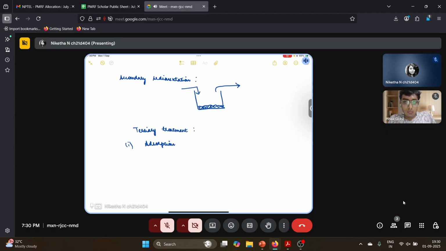This is done mainly for removing micropollutants, pollutants whose concentration is in micrograms per liter. Those are known as micropollutants or emerging contaminants.